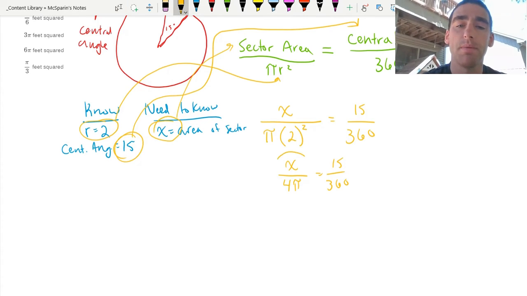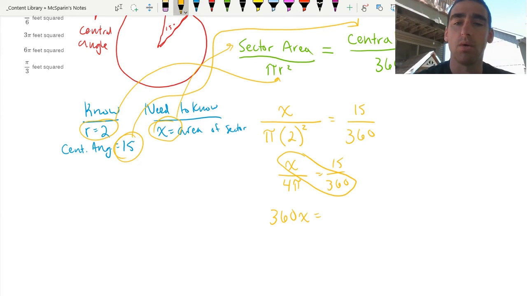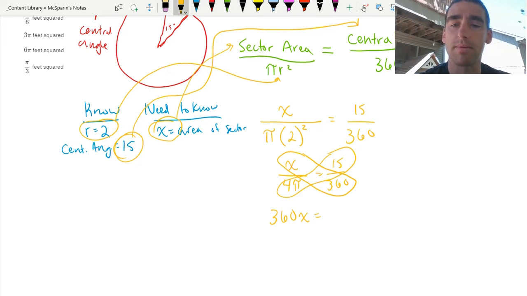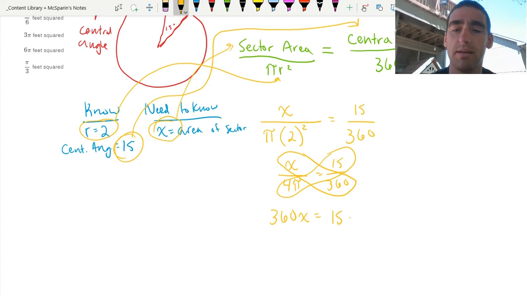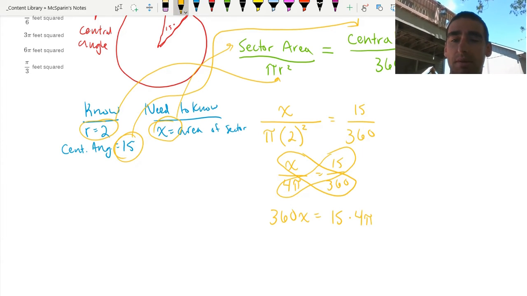So I'm going to go top times bottom. 360x equals bottom times top. 15 times 4 pi.